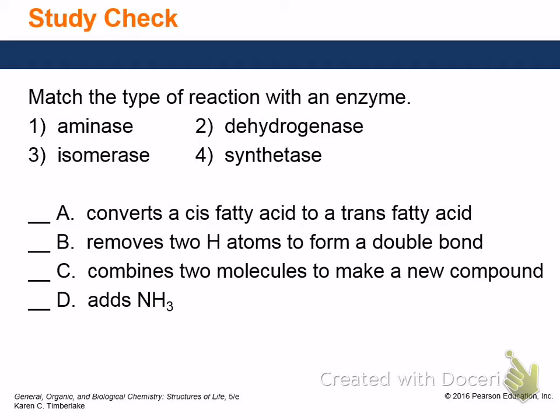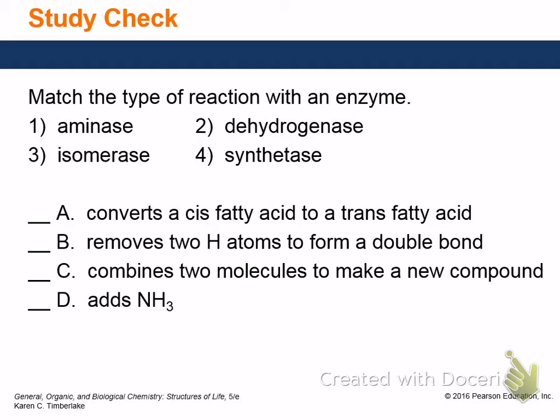Adds an NH3 plus, right? Dehydrogenase? What's that? B, removes hydrogen as atoms to form double bonds. And a synthetase makes new things, right? So it's C, combines two molecules to make new.